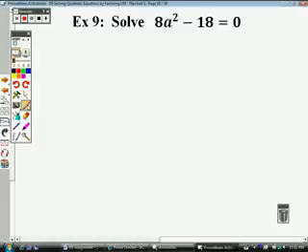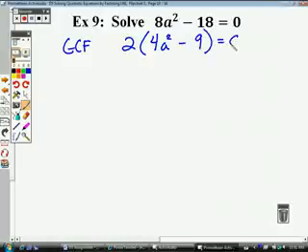It's 2. 2 will come out. So y'all take out the GCF. That'll be 4a squared minus 9. Right? But you see something else up there now? Difference of squares, yeah. What's the square root of 4? 2. And the square root of 9. See? So that's difference of squares.